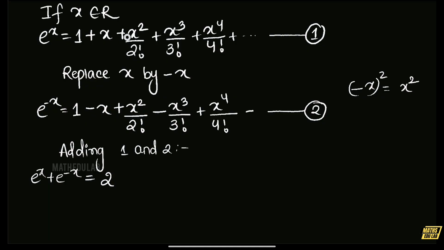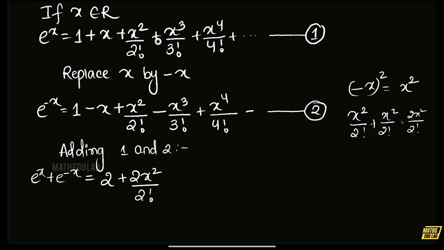The next term is x square by 2 factorial plus x square by 2 factorial. We can write it as 2x square by 2 factorial. Then the odd term will be cancelled out since one is positive and the other is negative. Then the next one will be 2x to the power of 4 by 4 factorial.